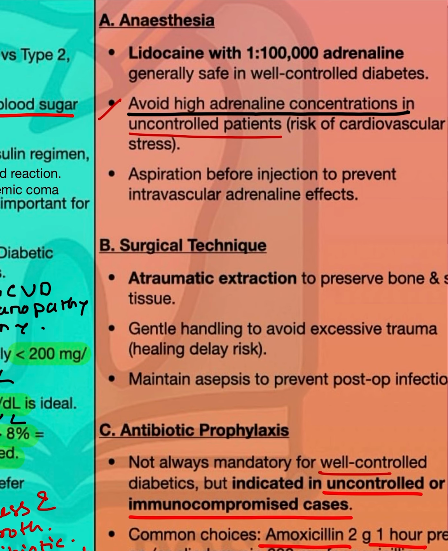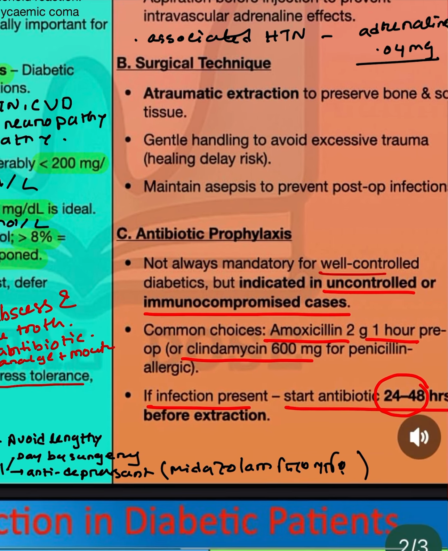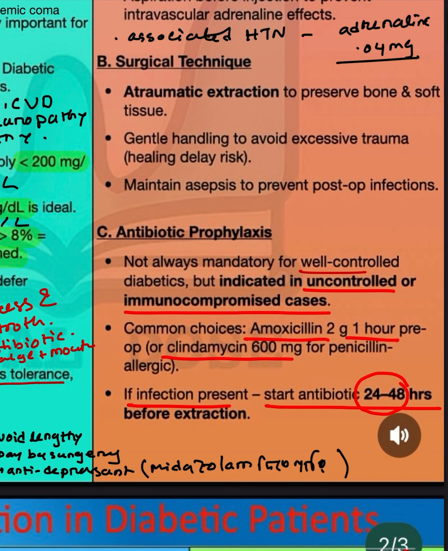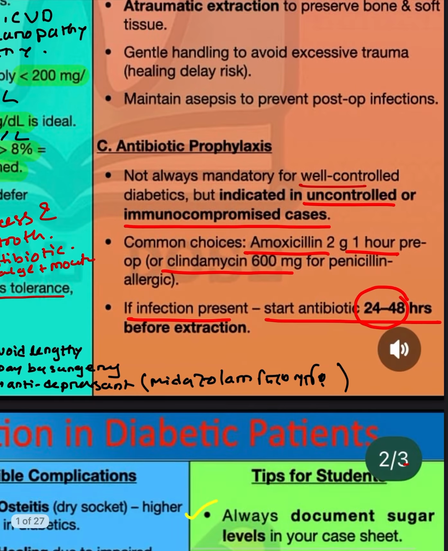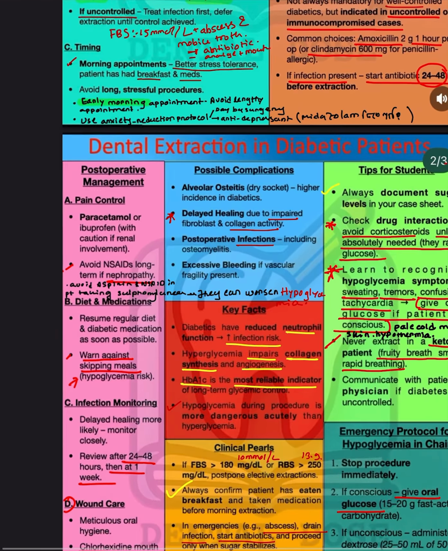But if the patient has comorbidity, like associated hypertension, then the adrenaline should be limited to 0.04 milligram. Should not be more than that. And the surgical technique should be as atraumatic as possible to preserve the bone and soft tissue, and it will also enhance healing. Then the antibiotic prophylaxis we have already discussed.